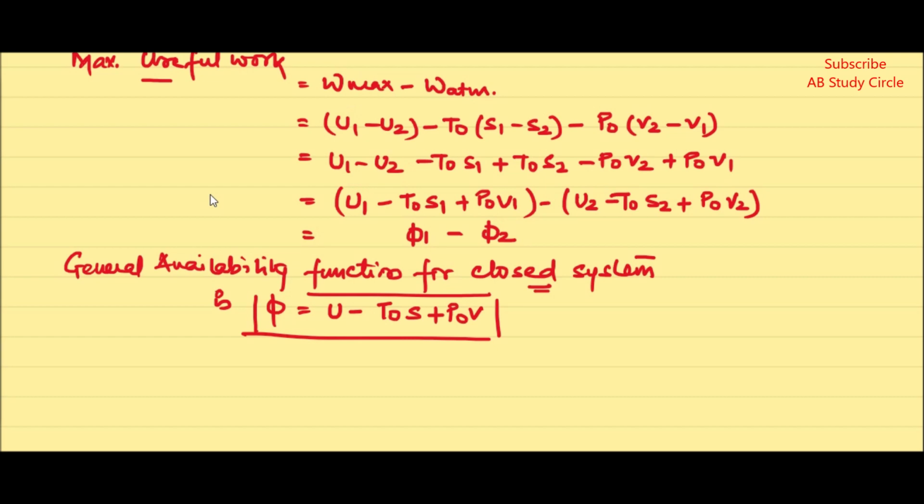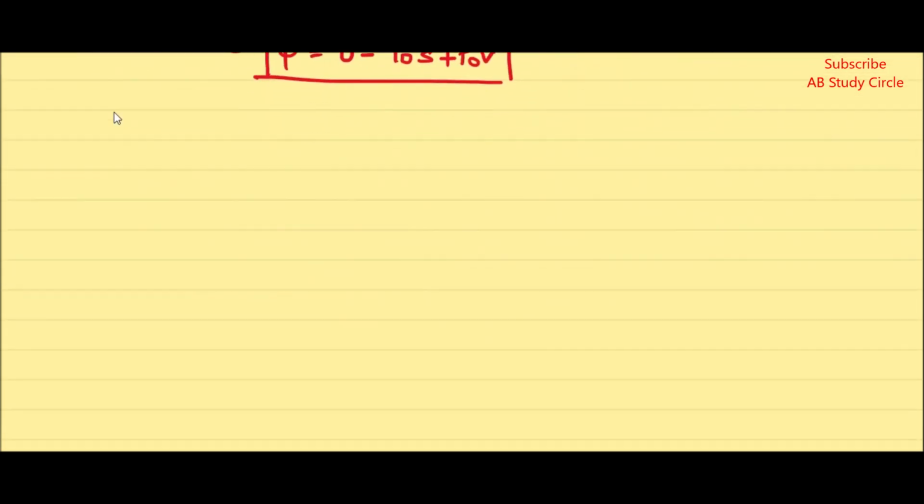So this was the case for the availability of a closed system. Now let's find out the availability for an open system, right?